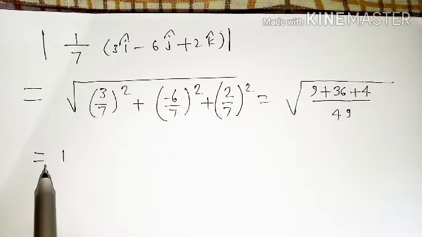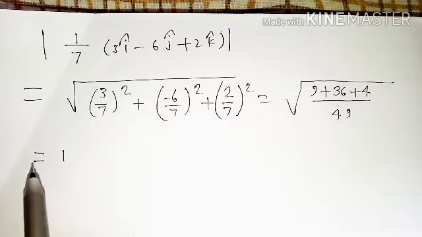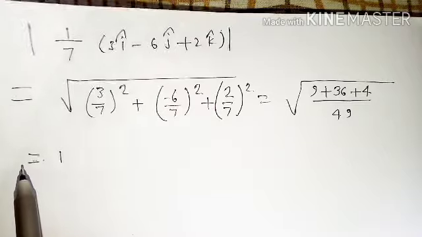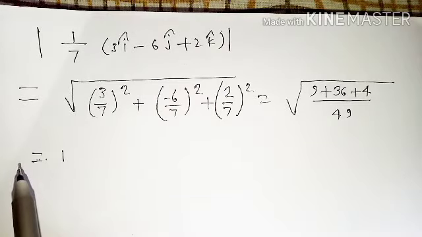Now we have to show that they are mutually perpendicular. If we take their dot product and that is 0, then we can say that they are mutually perpendicular to each other, because A dot B is equal to AB cos theta.